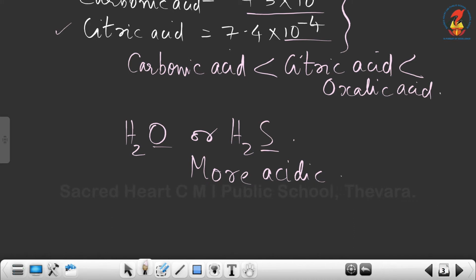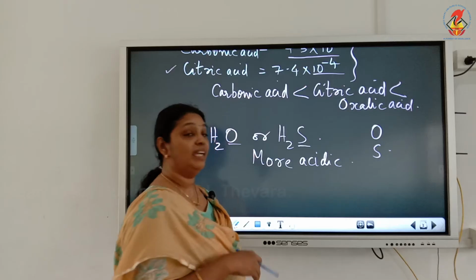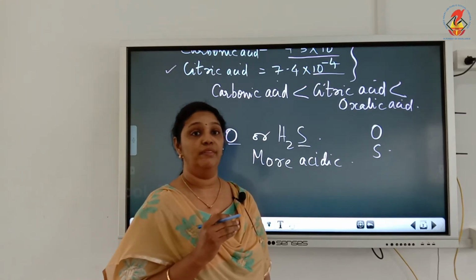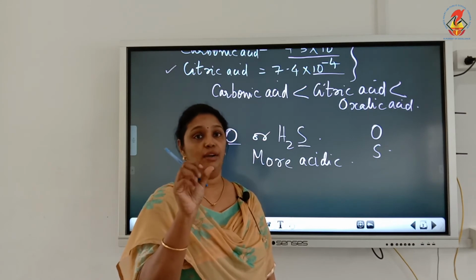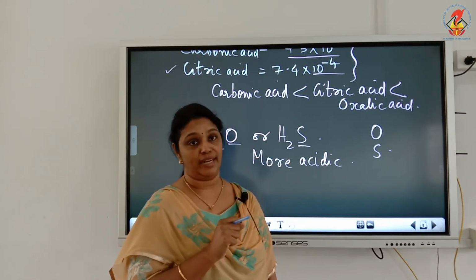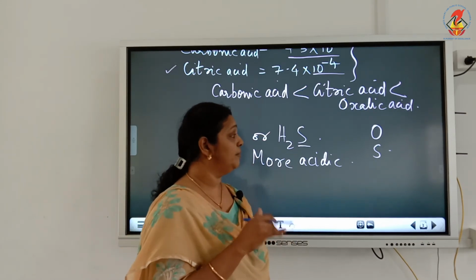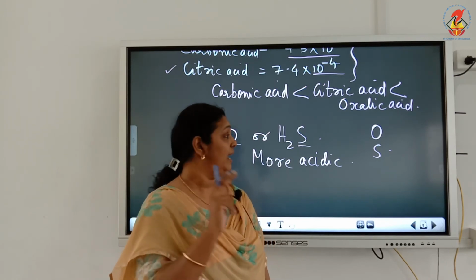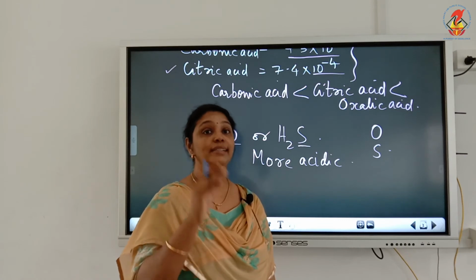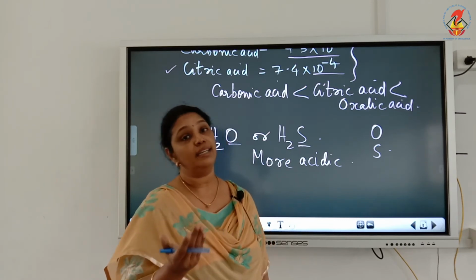So when we consider elements in a group, we take bond strength or size as the important factor. Down the group size increases, so sulfur has more size, the HS bond strength decreases, and acidity increases.